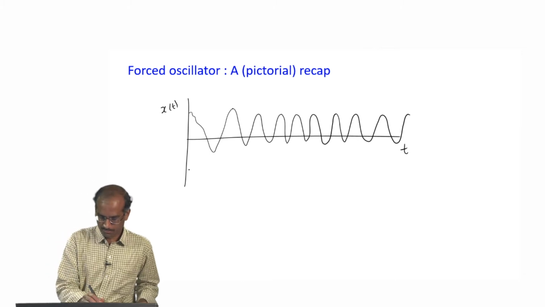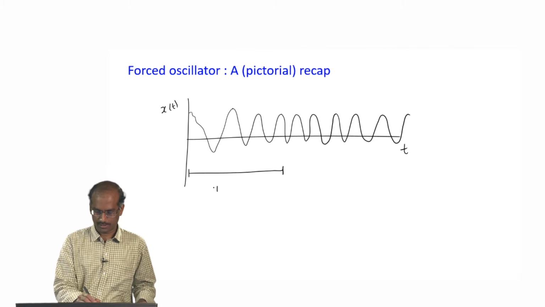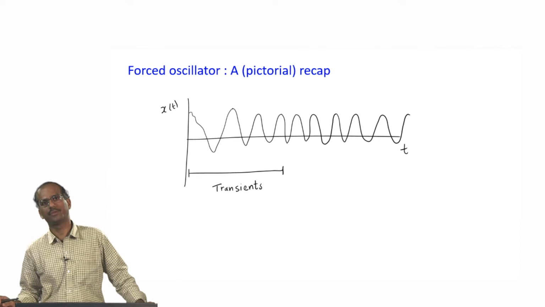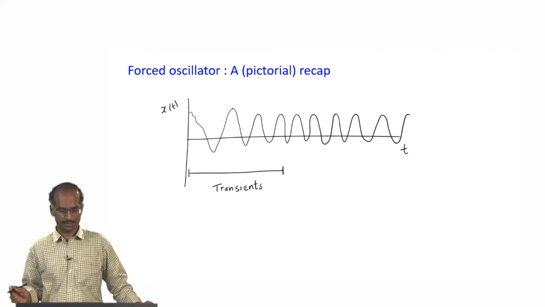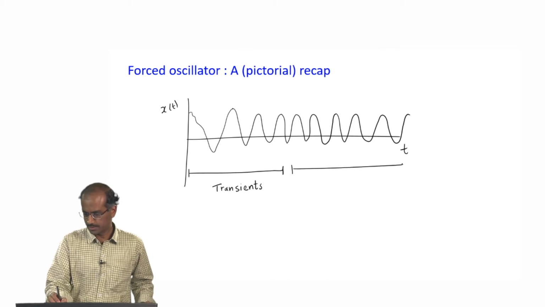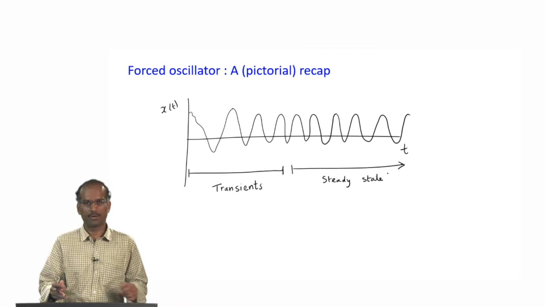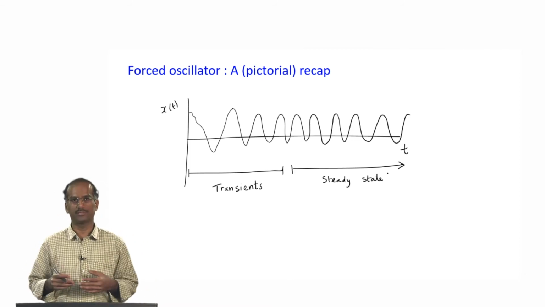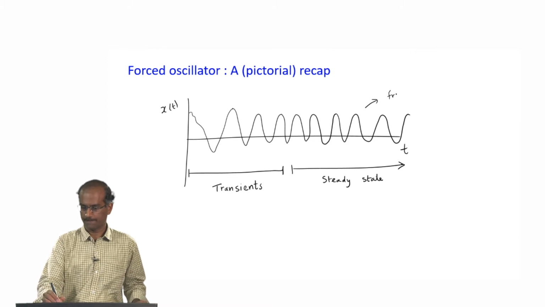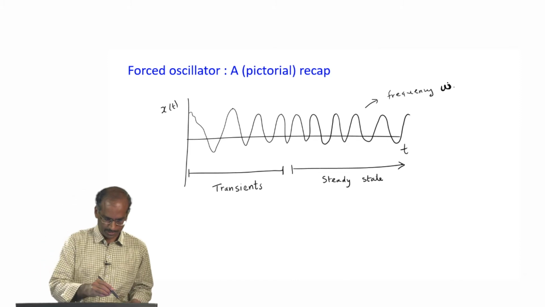So, for instance, from here to here, maybe you could say that these are transients corresponding to the so called complementary solution, and from here onwards you are in the regime of steady state. I have not drawn it very well. So, it represents oscillation with frequency omega. So, this is what happens in a forced oscillator.